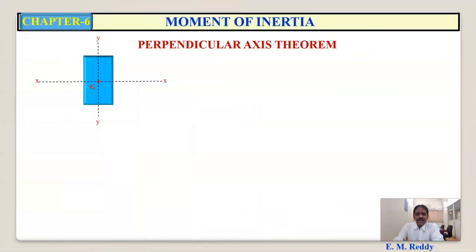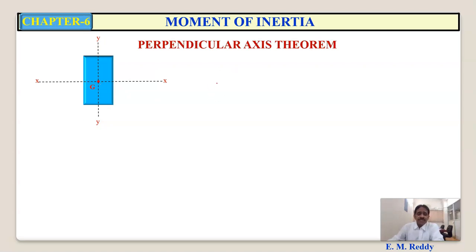Now perpendicular axis theorem. Say G is the centroid or center of gravity of the section, and these x and y axes are centroidal x and y axes, and here the z axis is perpendicular to the xy plane.